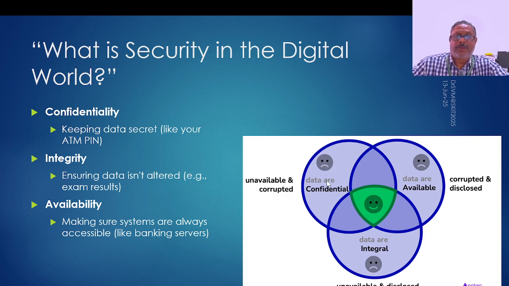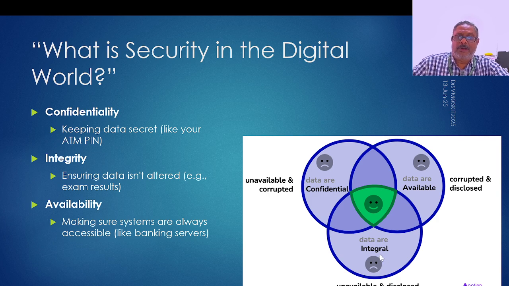One region says that the data is confidential, but we cannot guarantee that it will always be available, or that it is not altered or corrupted. If we are in this part, then the data is confidential, but we are not sure that it is always available, so it can be unavailable or it can be corrupted also.